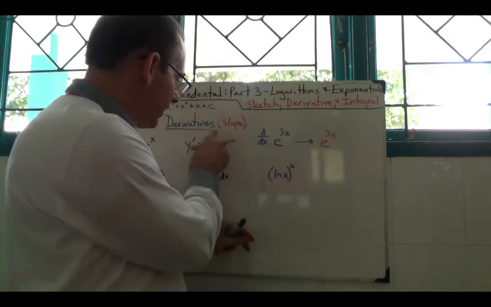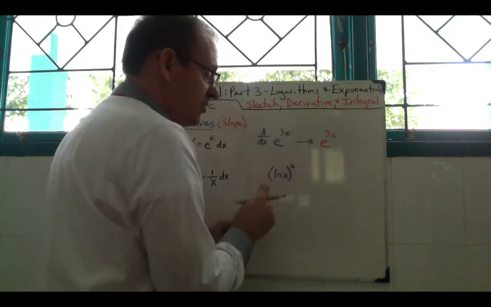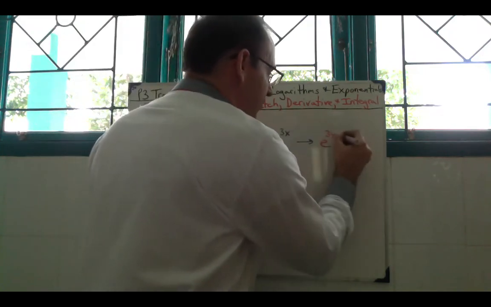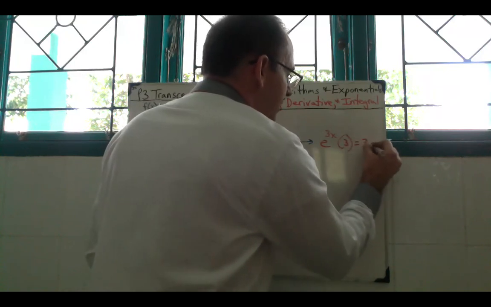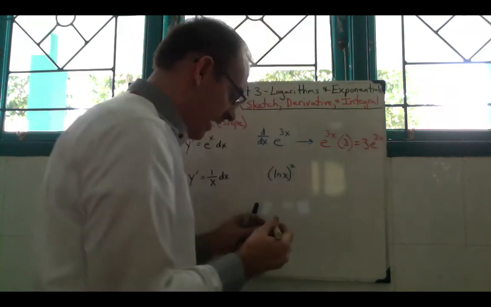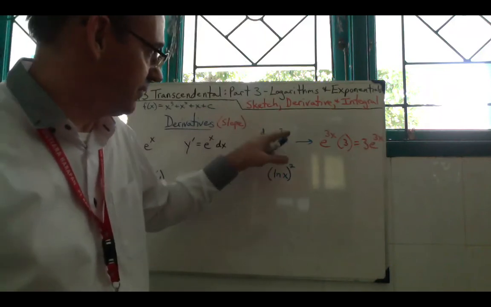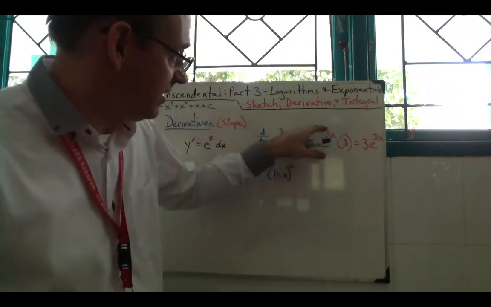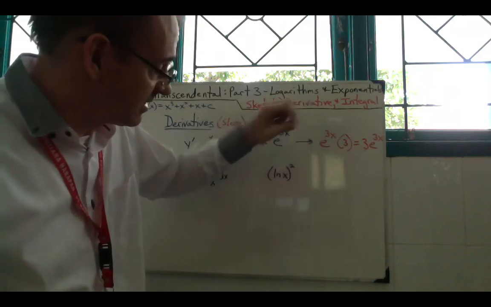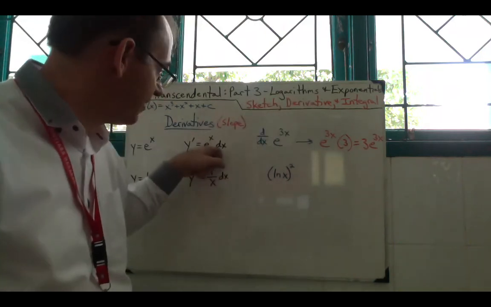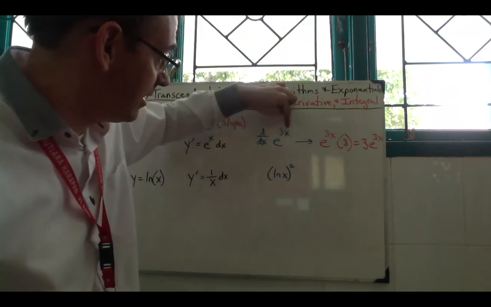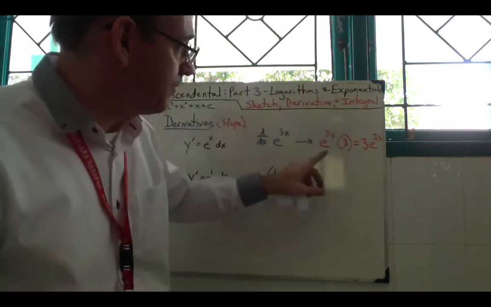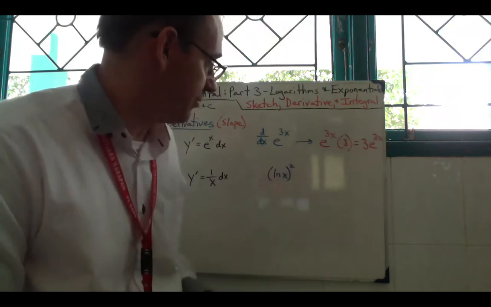The dx is the derivative of your exponent, and the derivative of 3x is 3, so this equals 3e to the 3x. So the derivative of e to the x is e to the x. Whatever x is, it stays the same. Then you have the dx, which is the derivative of your exponent part here, which is the 3, and it gives you 3e to the 3x.